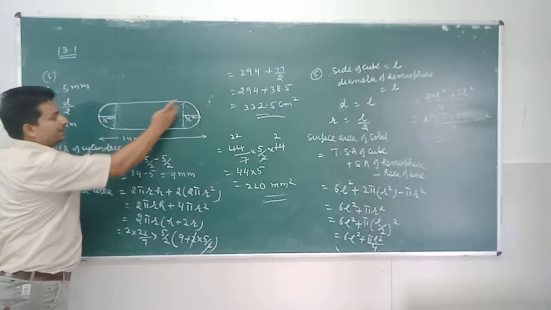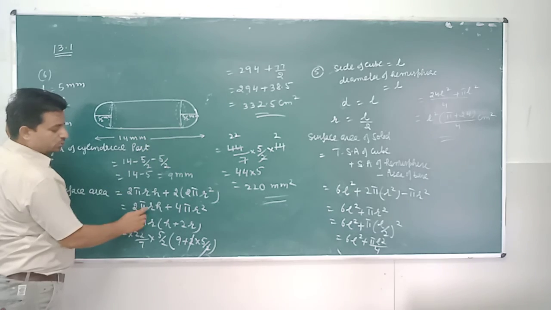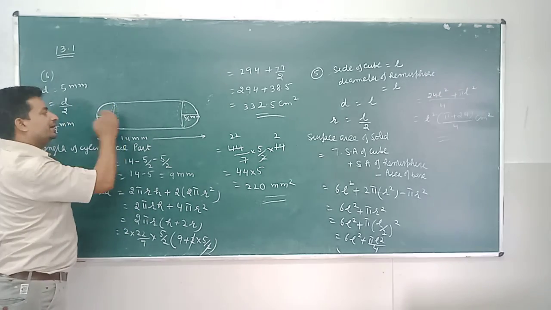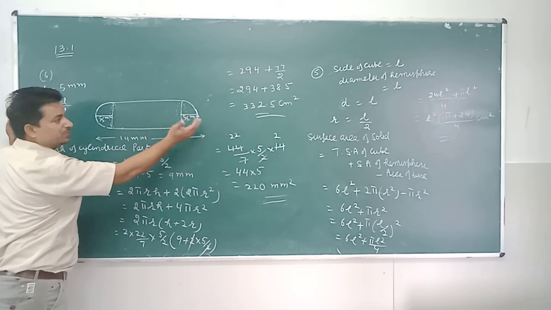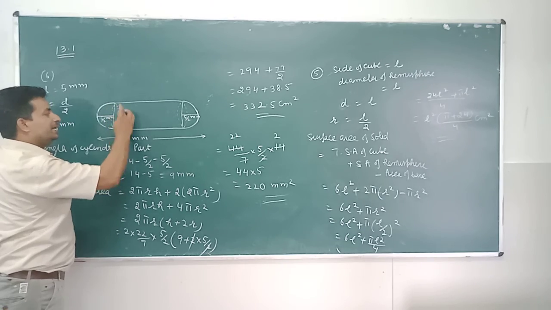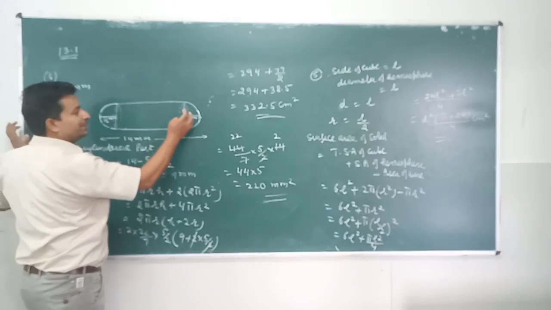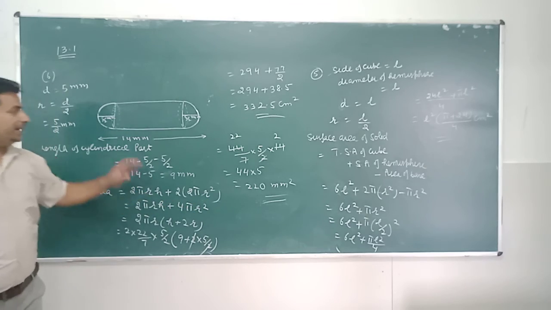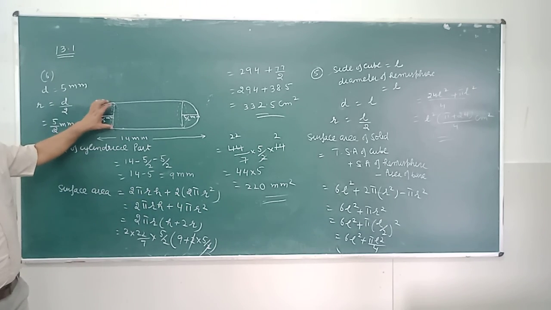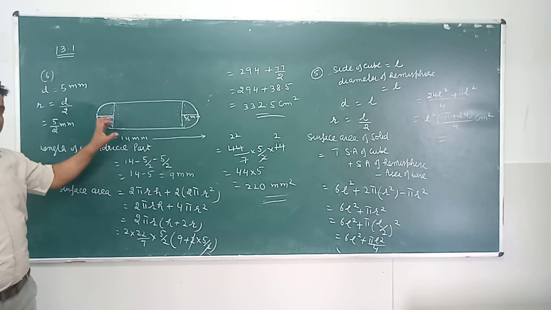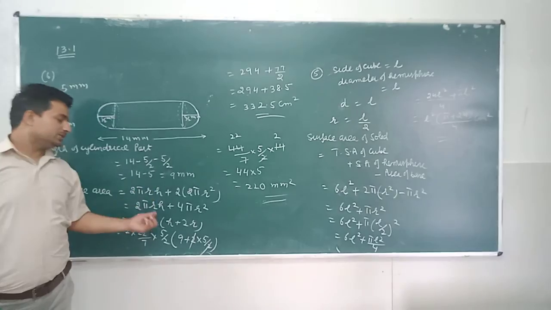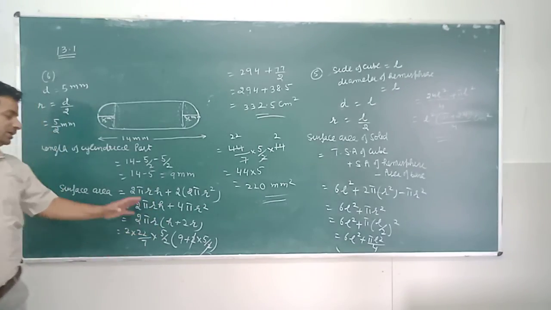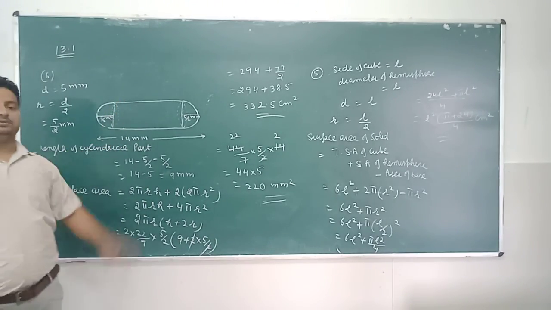So the curved surface area of the cylinder is 2 pi r h. The areas of the ends we take in the hemispheres, which is 2 pi r square each, and we cannot take them twice. We take them only once, in the hemispheres. Thank you.